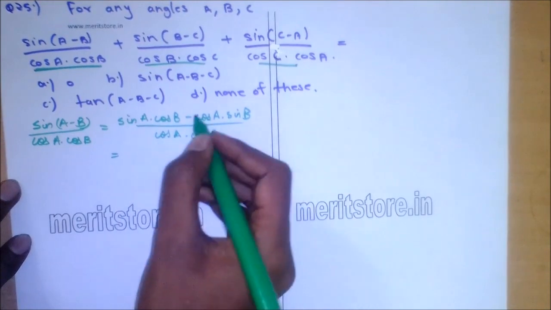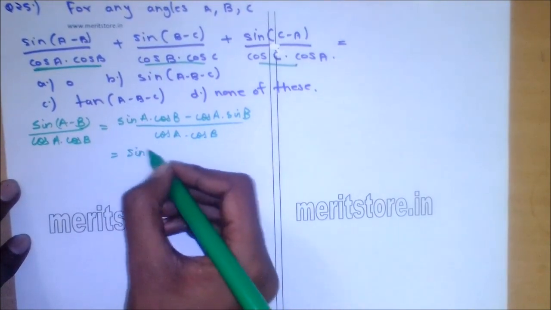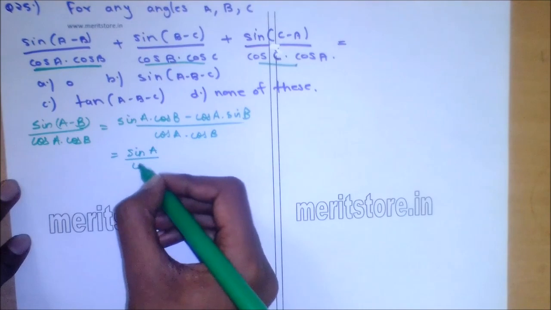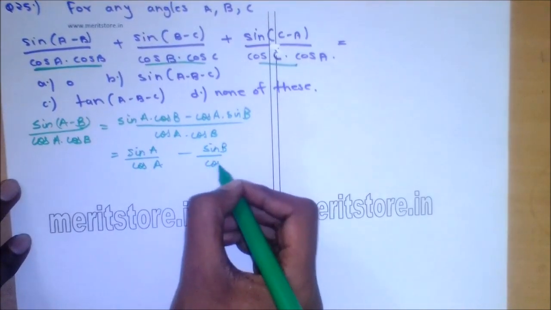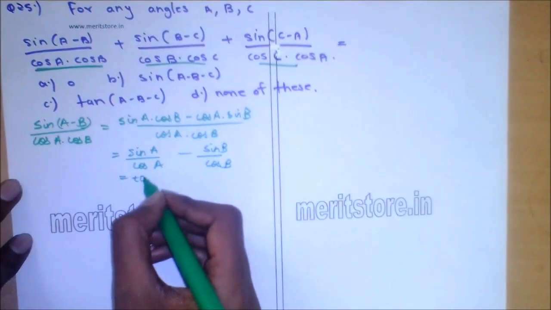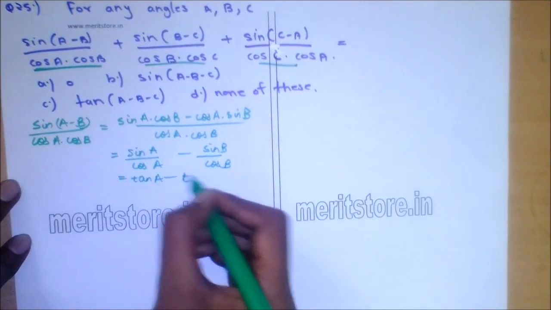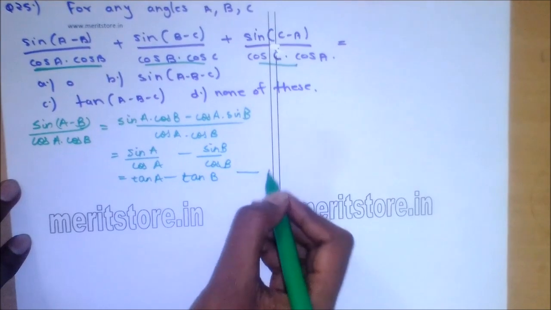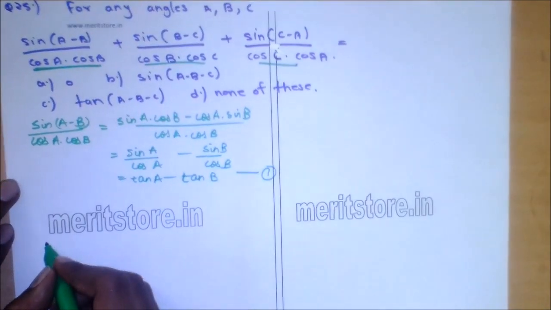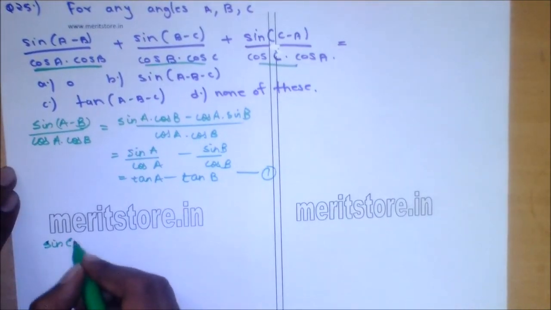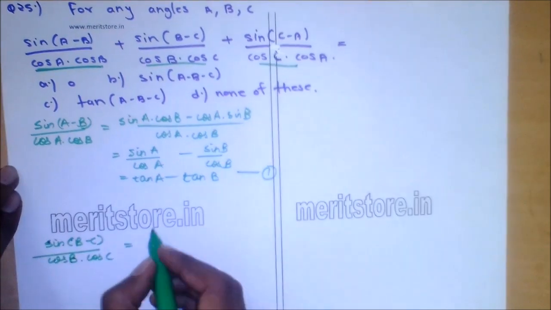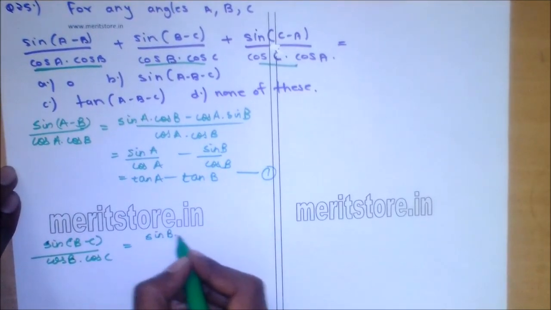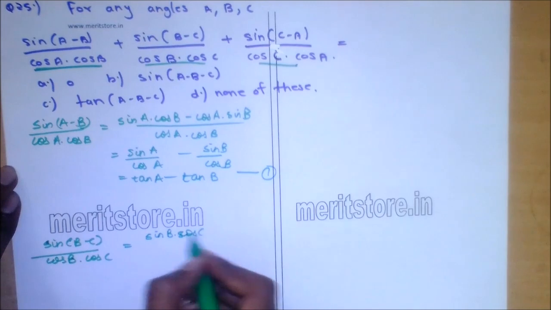When we split the term, we get sin a upon cos a minus sin b upon cos b, that is tan a minus tan b. Let this be 1.